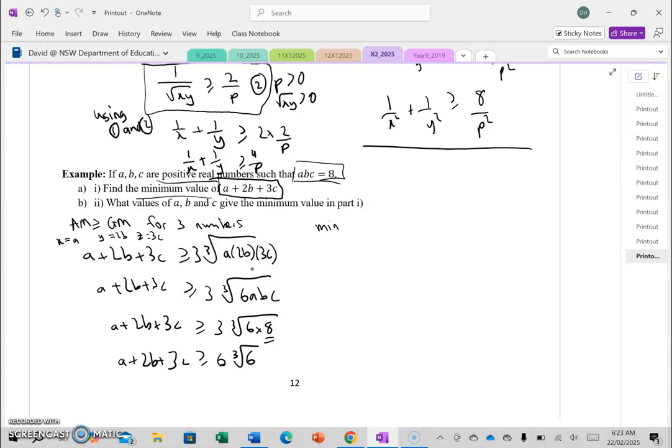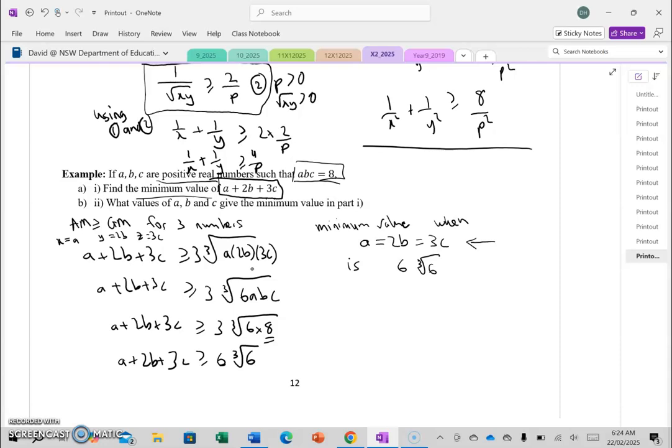So the minimum value, when a is equal to 2b, which is equal to 3c, is 6 cube root 6.